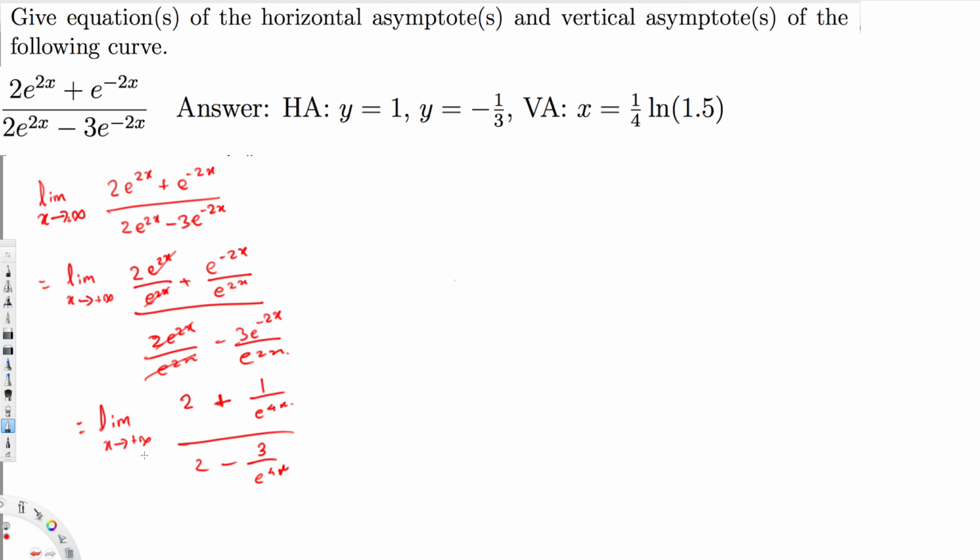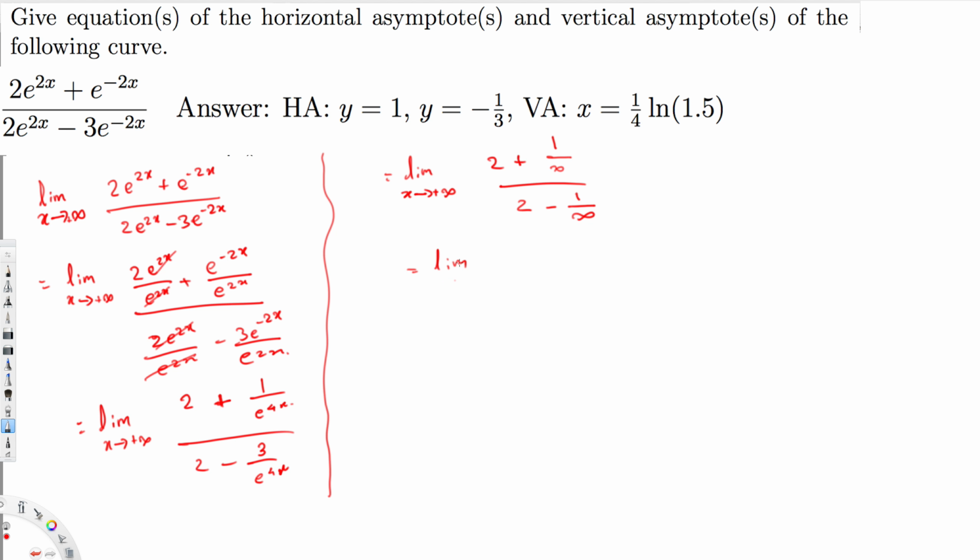Now let's apply infinity. If I multiply 4 by infinity, it's going to be infinity, and e to the power infinity is infinity itself. So we get 2 plus 1 over infinity, over 2 minus 1 over infinity.